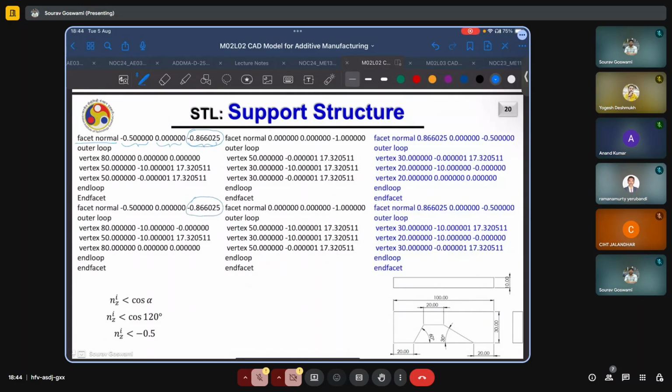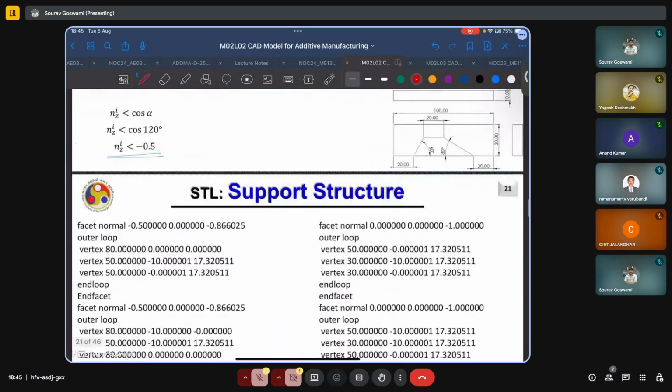Similarly here, this one as well. This will of course require support because minus one implies that the facet is pointing entirely downwards. Here the criteria is given as nz less than minus 0.5. So we will not consider these two facets because the criteria is that they should be less than minus 0.5. Equality is just the limiting case.